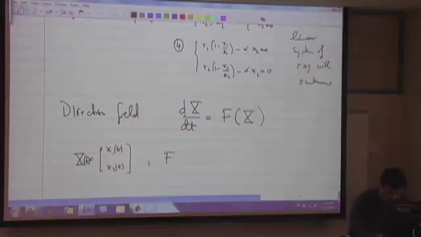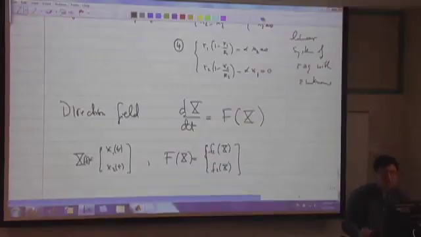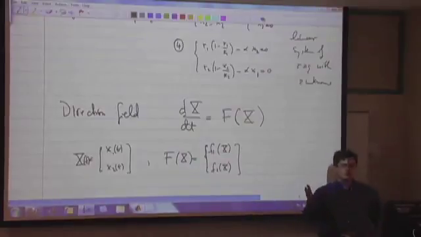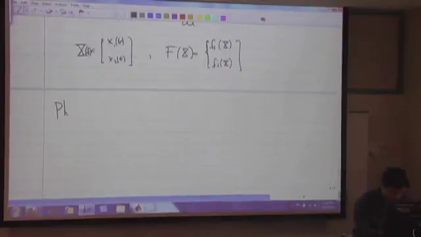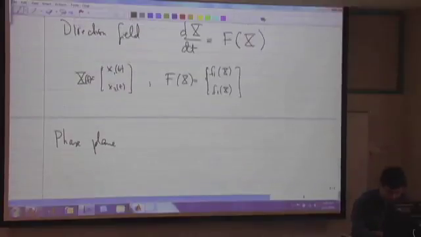And f of x is also a vector, f1 of x and f2 of x, the right-hand sides. So the phase plane is the x1, x2 plane.